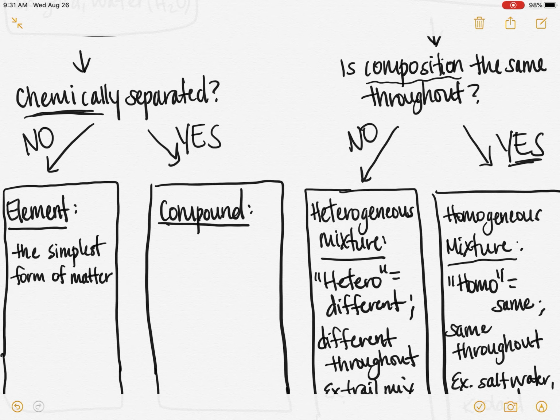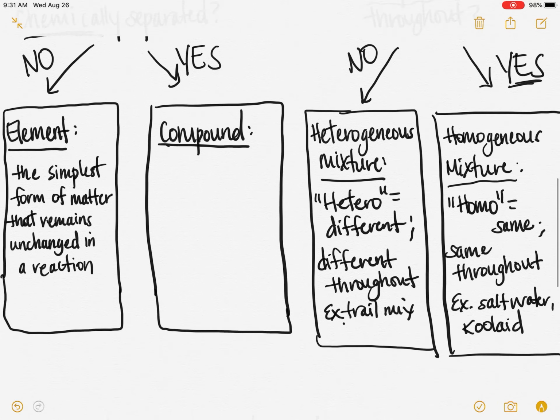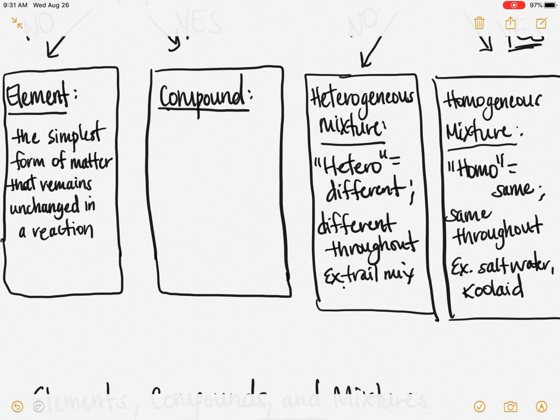I'm going to expand this definition just a little bit to say the simplest form of matter that remains unchanged in a reaction. Okay, we'll talk about that later when we talk about chemical reactions.